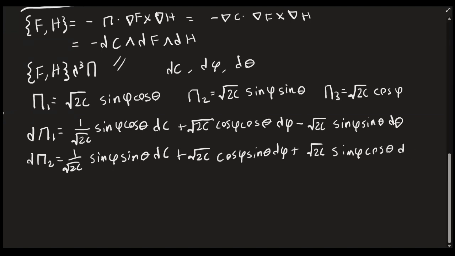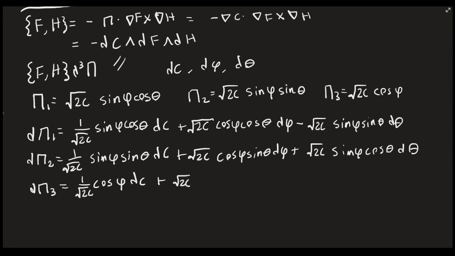Oh, that's supposed to be d theta. And lastly, dp3 equals 1 over root 2c cos phi dc plus root 2c sine phi d phi, negative. Okay.